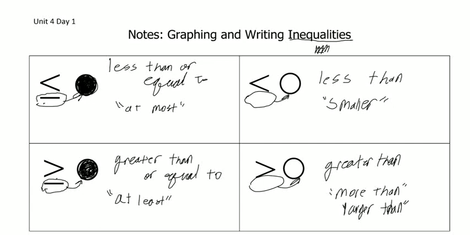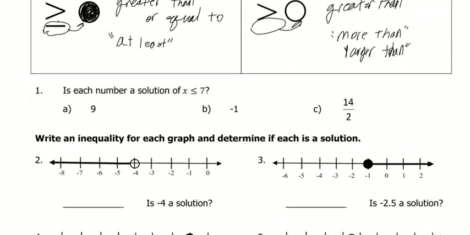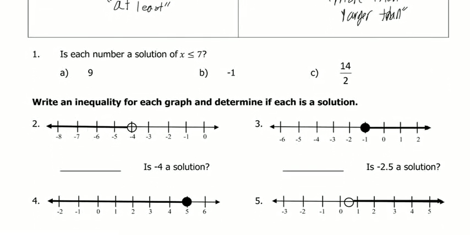So, number 1 here, it's asking, is each number a solution of x is less than or equal to 7? So is 9 less than or equal to 7? Well, 9 is bigger than 7, so no. Is -1 less than or equal to 7?